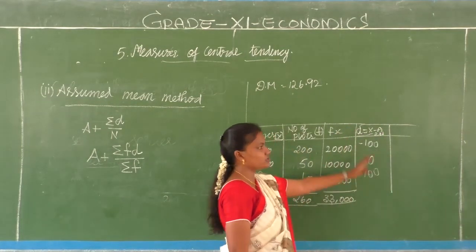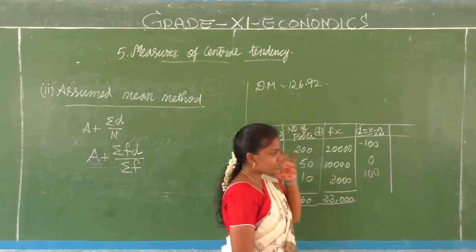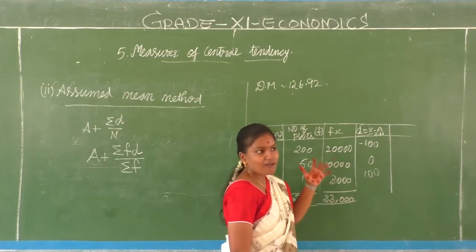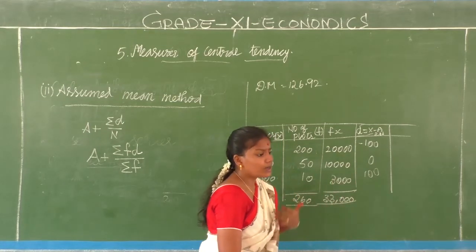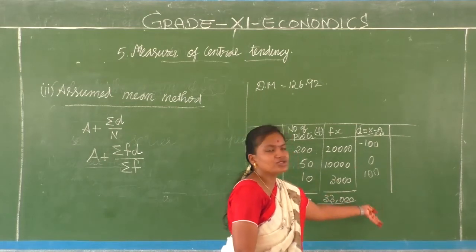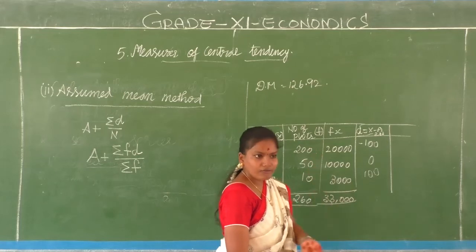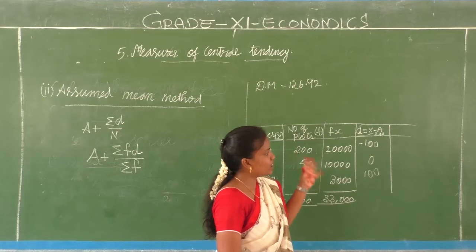Whenever you add the deviations, the summation will always be 0. Whether you have 10 variables or 20, the deviation summation will always be 0, because half will be minus values and half will be plus values, and you get 0. So definitely the answer will be 0.